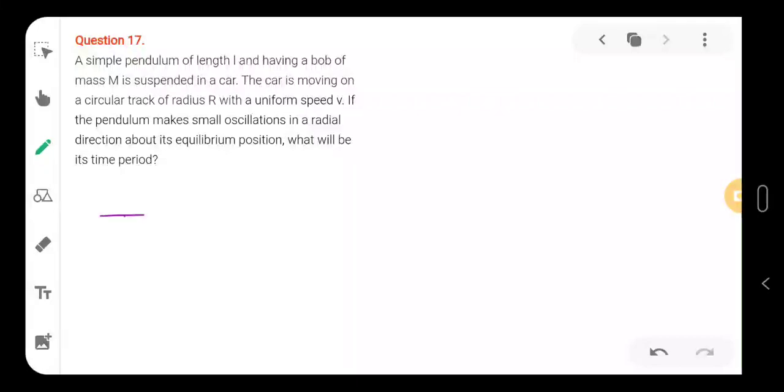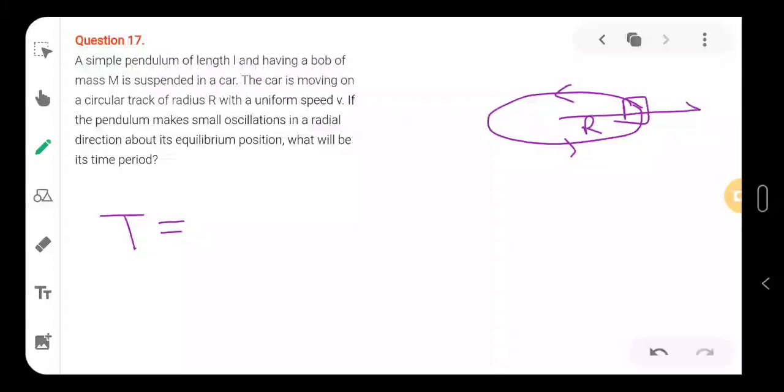So I know that when this thing happened, that means because the car is moving on a circular track of radius r. So this is the car which is moving along a circular track with radius r. So obviously a centrifugal force will work. That means an acceleration is working. That is centripetal acceleration is working on it, right? What is the value of that centripetal acceleration?